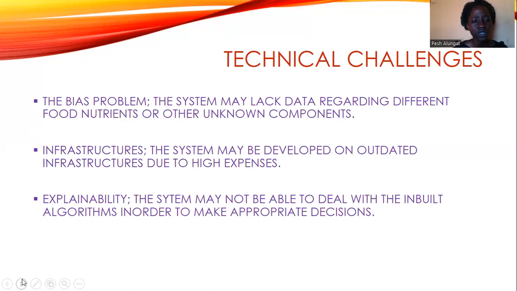And infrastructure, so most systems are built on outdated infrastructure, and it may be due to high expenses. Most developers can't afford the given infrastructures. Thirdly and lastly, explainability. So our system may not be able to deal with the inbuilt algorithms in order to make appropriate decisions.